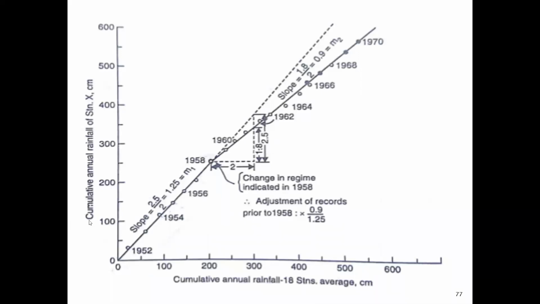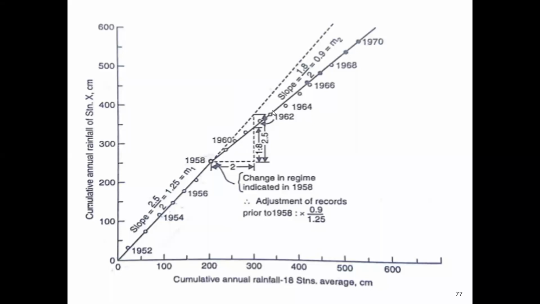So now you can see here, these are the cumulative annual rainfall at station X versus cumulative annual rainfall for the 18 surrounding stations. Now, when you plot the graph, this is 0, 1952. So the line should have been like this, but it has deviated.